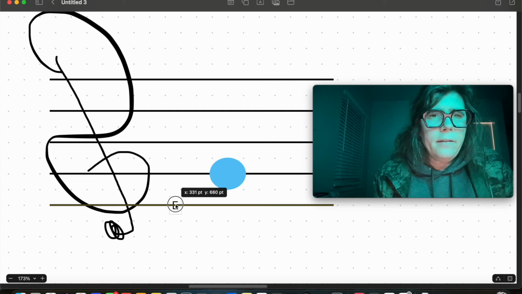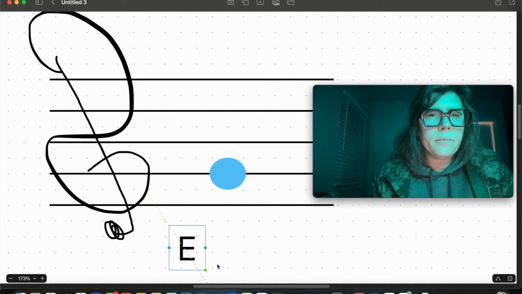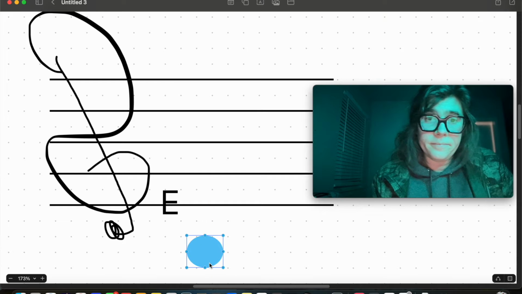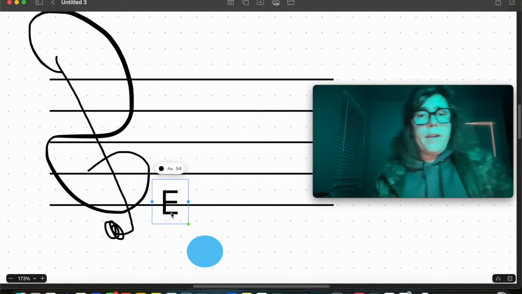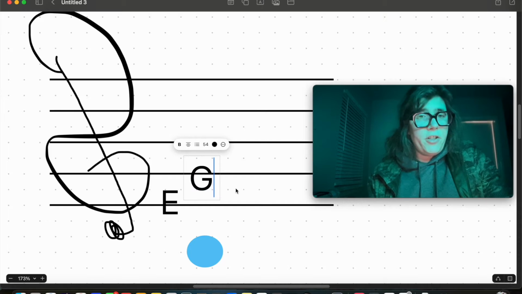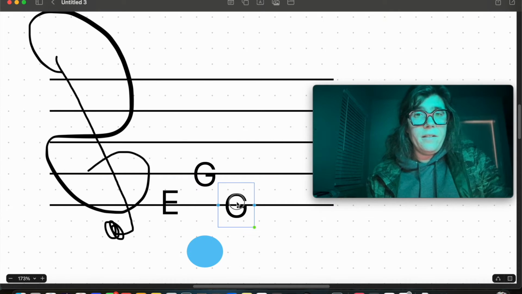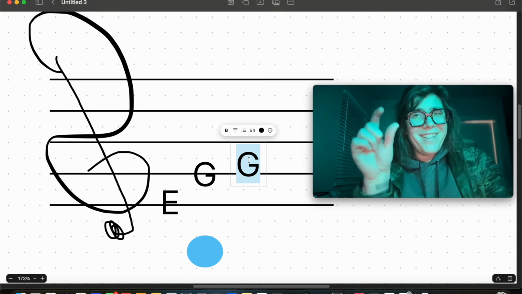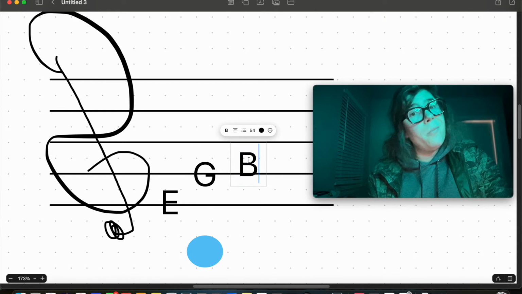I have an E, and I'm going to place it there on that line. And then not an E, but a G, and I'll place it there. Can you guess what the next one is if you're following along with me? Well, the space was an A, so the next one will be a B.